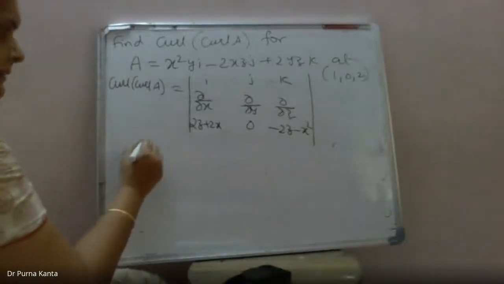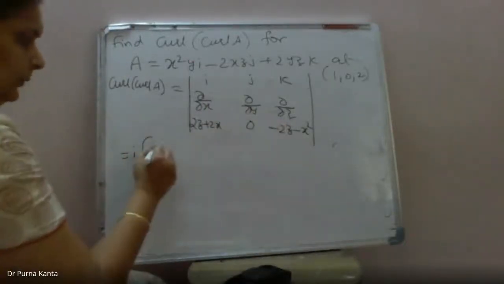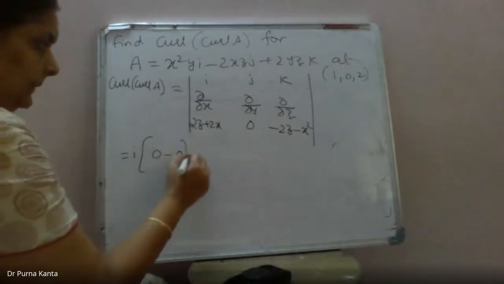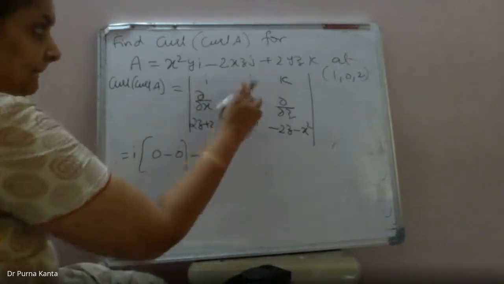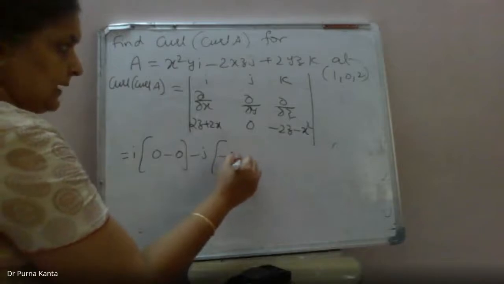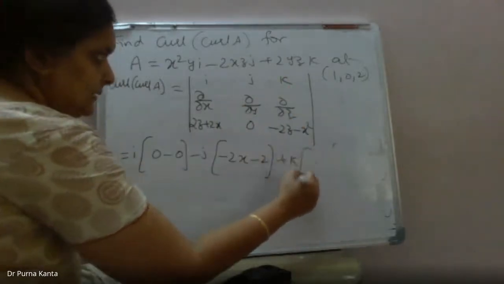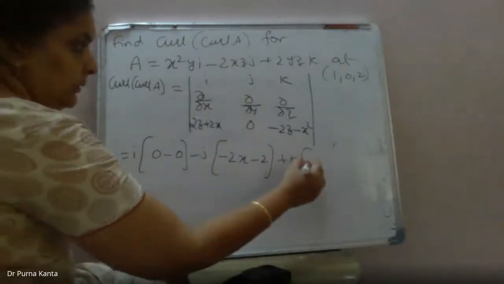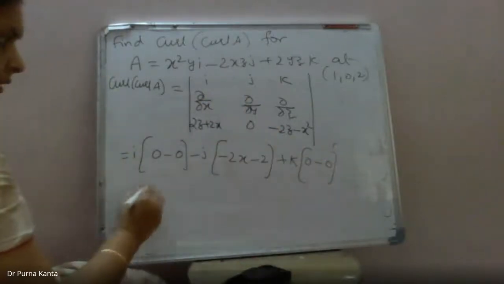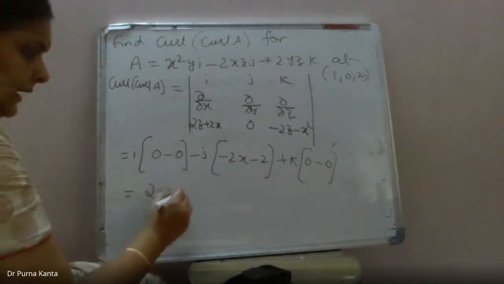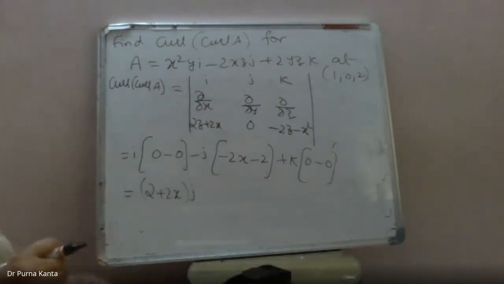So this is i times ∂/∂y is 0, ∂/∂z is 0, minus j times ∂/∂x is minus 2x, ∂/∂z is minus 2, plus k times 0 minus 0. Did you get the value as (2 plus 2x) j?